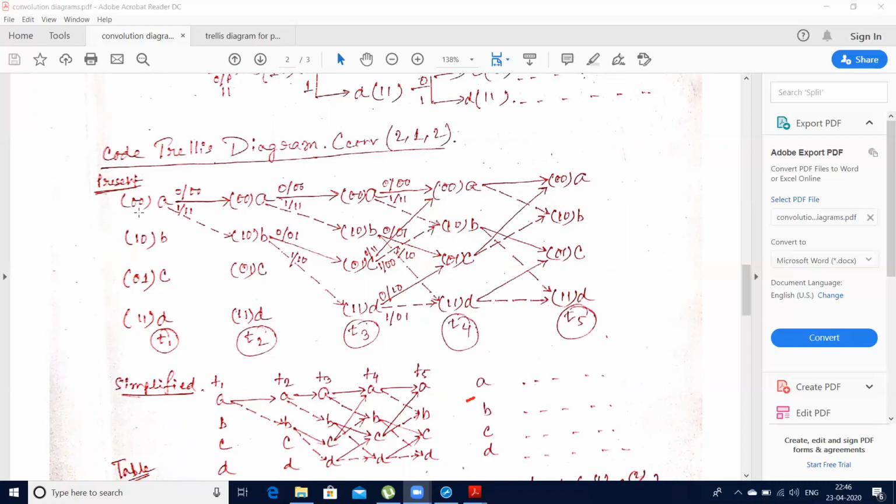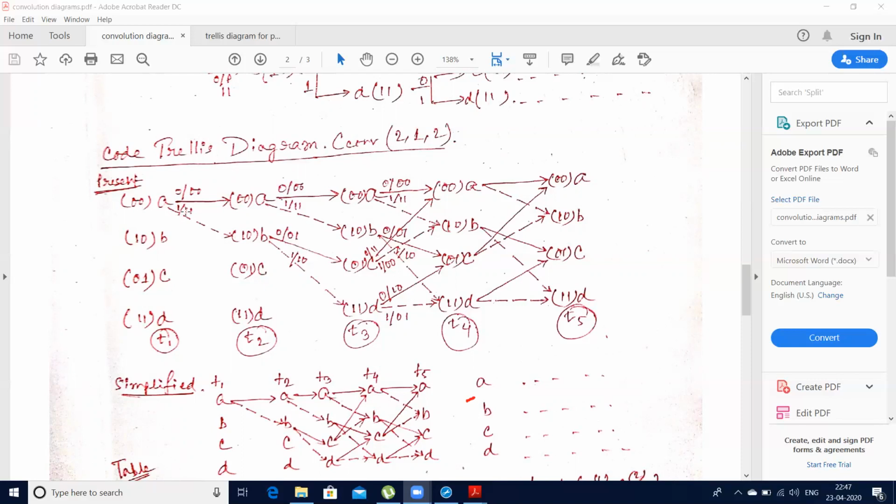So this is A, the initial condition. As you can see, there are the upper arrow and the down arrow, so there are 2 types of arrow. One is the broad line, or you can say the bold line, and one is the dotted line. The dotted line is basically used for input 1.